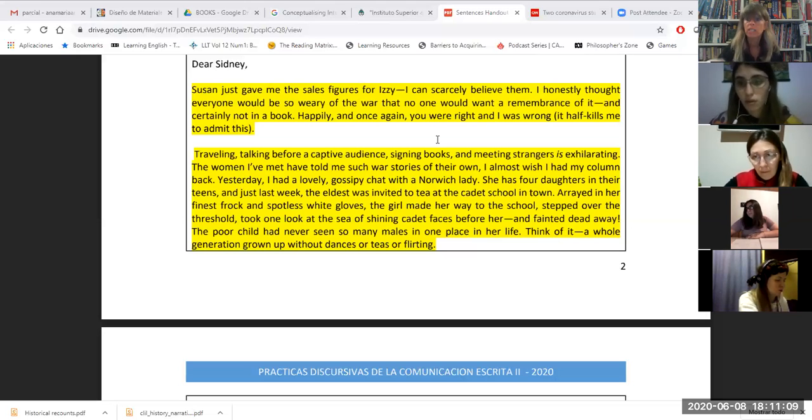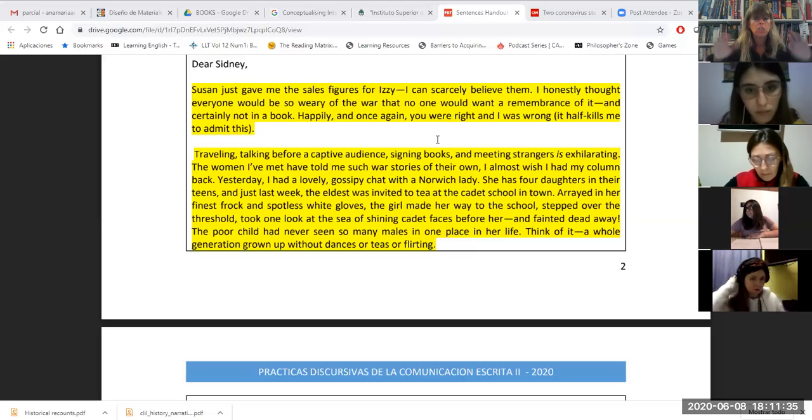Okay, let's try to identify the dependent and the independent clause. Let's start with the independent clause. Which is the independent clause here? Come on, Belu. I honestly thought is the independent clause. Only that, because if I say I honestly thought, my question to you would be, what did you think?